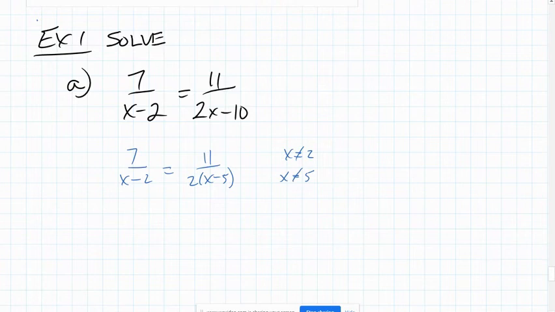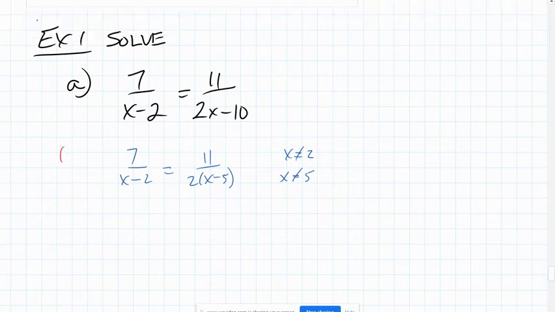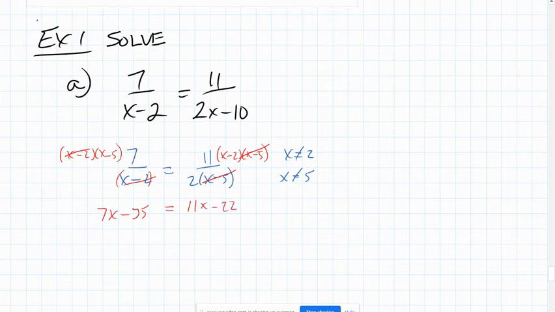And so I can solve this now by multiplying both sides by x minus 2, x minus 5. Those cancel, so I have 7x minus 35. Those cancel. I have 11x minus 22 divided by 2.